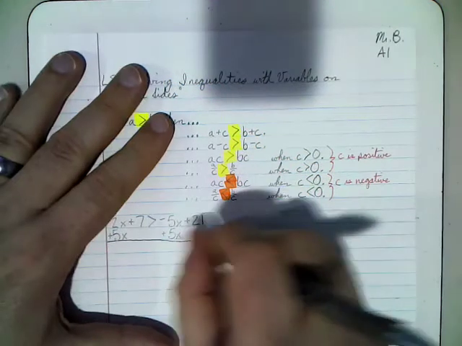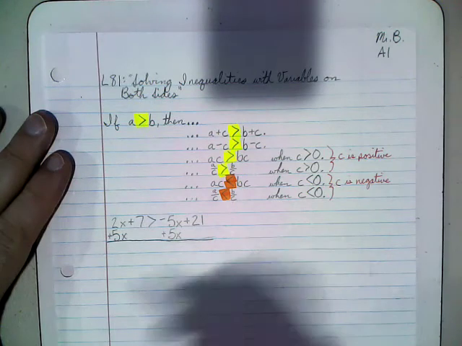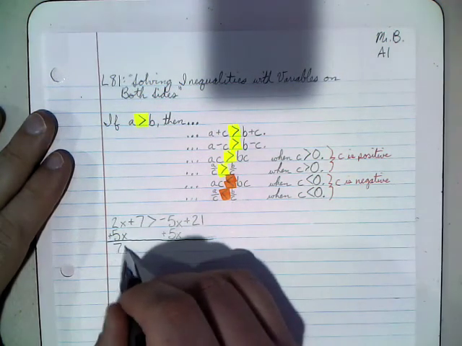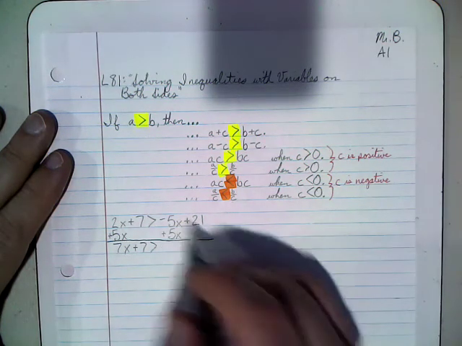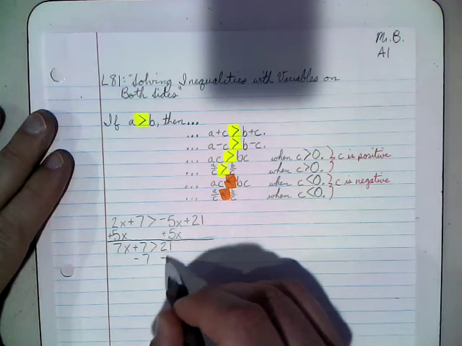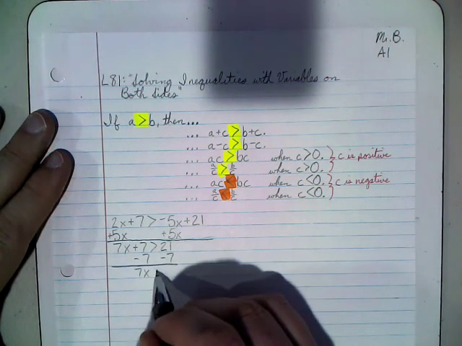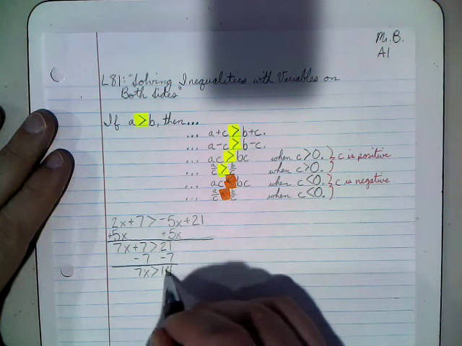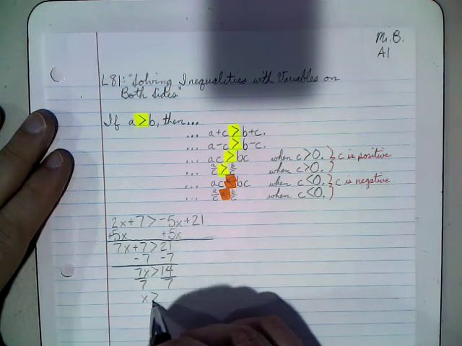Now let's simplify. 2x plus 5x is 7x, plus 7 should be greater than, and those just canceled, so plus 21. If we keep going now, I can subtract 7. So a 7x then should be greater than 14. Finally, divide both sides by 7, and x should be greater than 2.